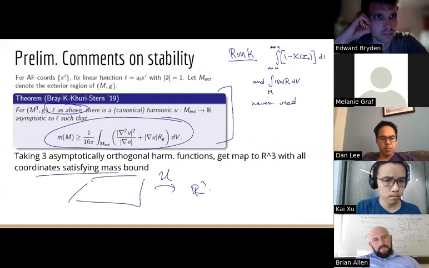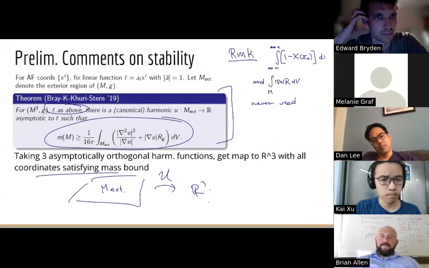So from the M exterior to R3, you get this kind of canonical map, unique up to rigid motions and translations, to Euclidean space. And so this is maybe a nice map to use to try to compare yourself to Euclidean space.